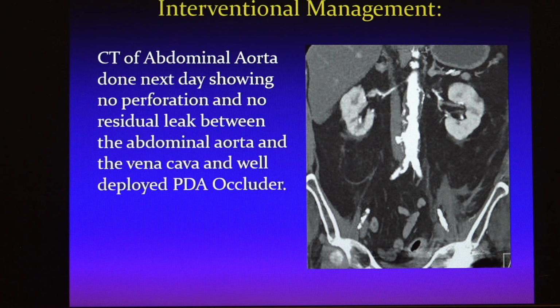And you can see there's no bleeding around it. You can even see the part of the aneurysm here, and you can see the graft looked really good as well, so that was not an issue. The patient really did well and went home on the third day after the procedure.